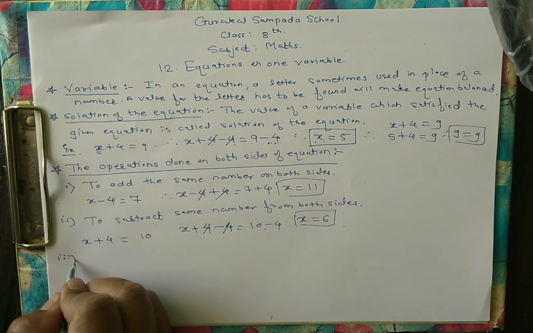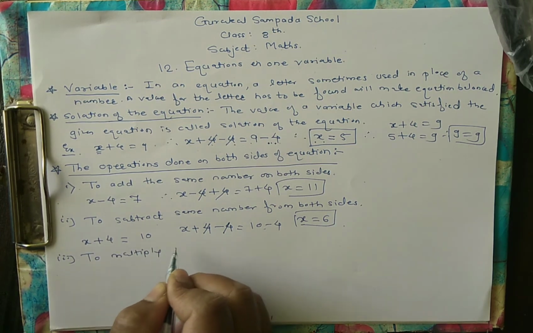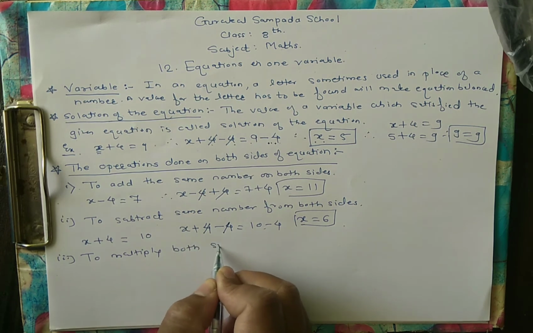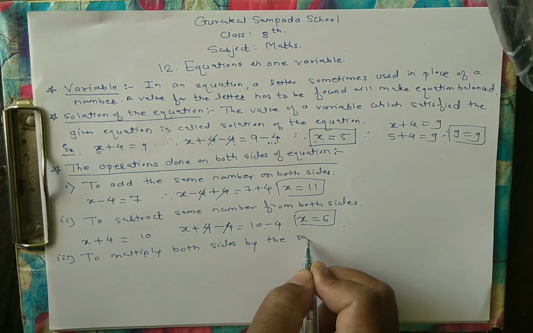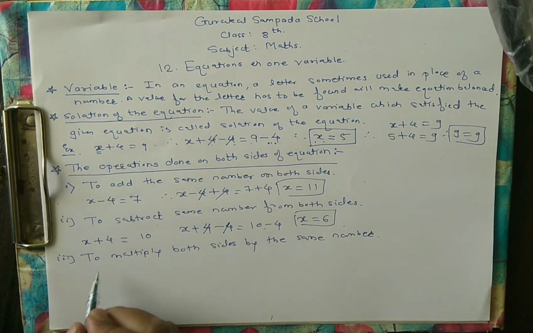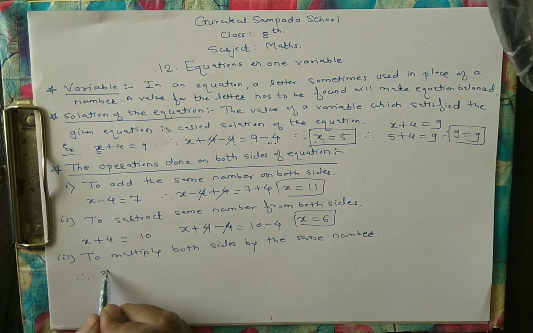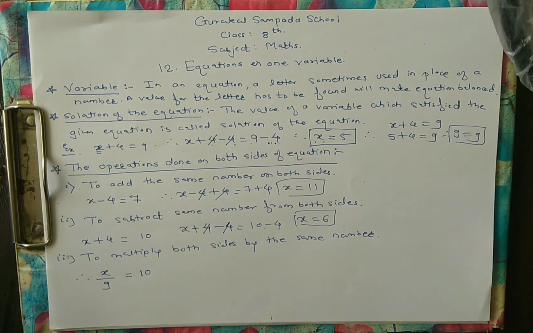Then the third one is to multiply both sides by the same number. Let us consider the example x by 9 is equal to 10. Here also we have to find the solution of the equation, that is the value of the variable x.